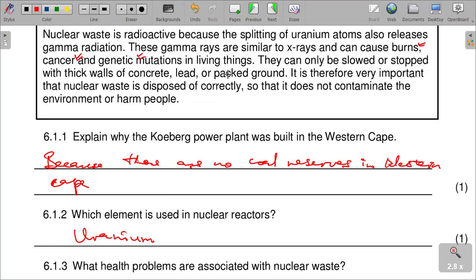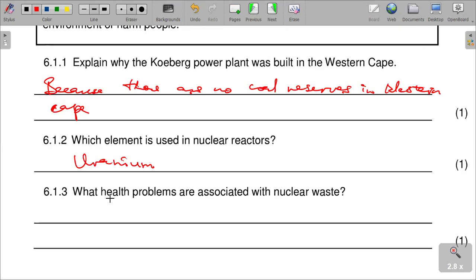So what we are saying is, what health problems are associated with this? There are quite a lot, as I've mentioned there. One, nuclear waste can cause burns.